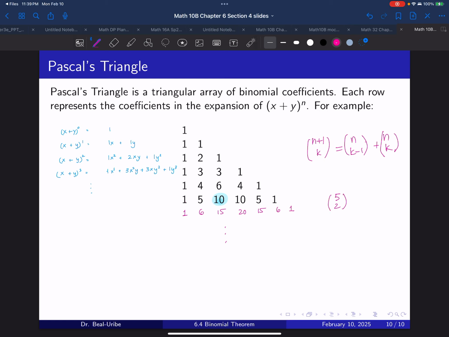Right, 5 choose 2. I get it from 4 choose 1 plus 4 choose 2.